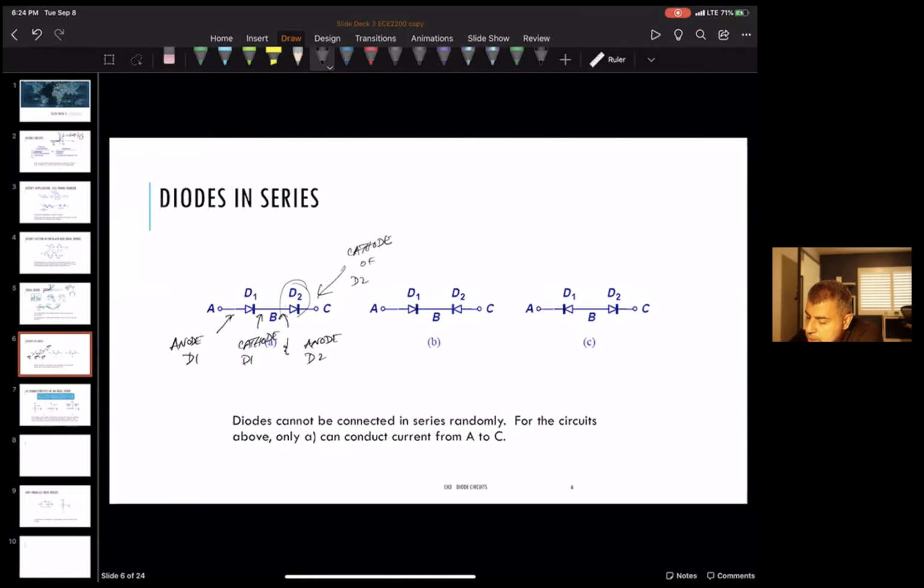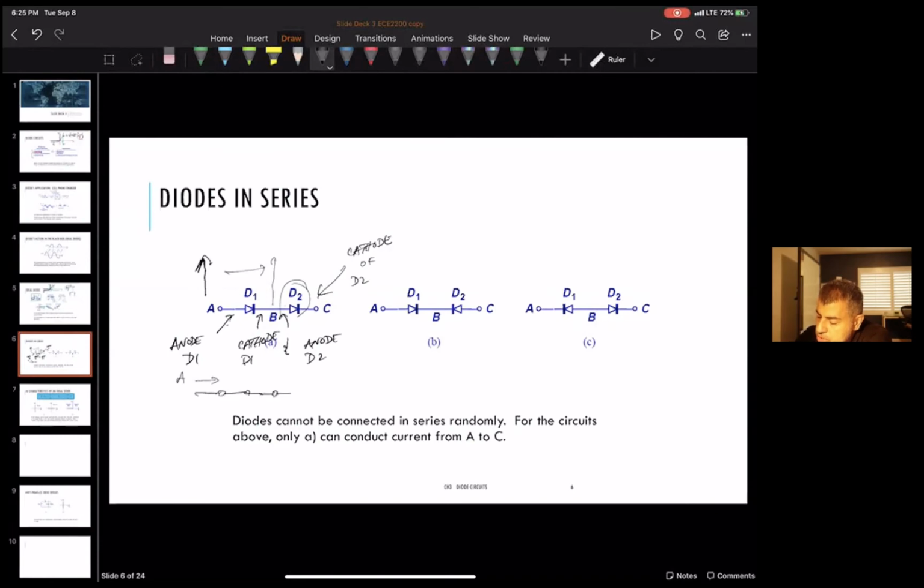Okay, so what happens is if this point goes high, then this point follows this point, because remember, D1 will just close, looks like a closed circuit. And that voltage from A will then show up at D2, and D2's anode will also be higher than its cathode.